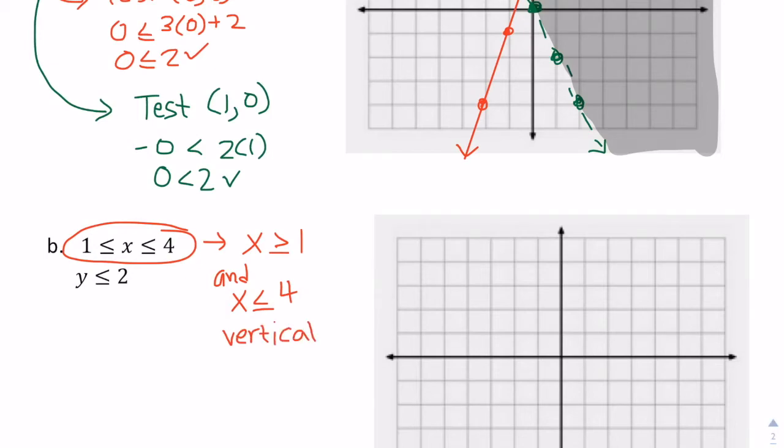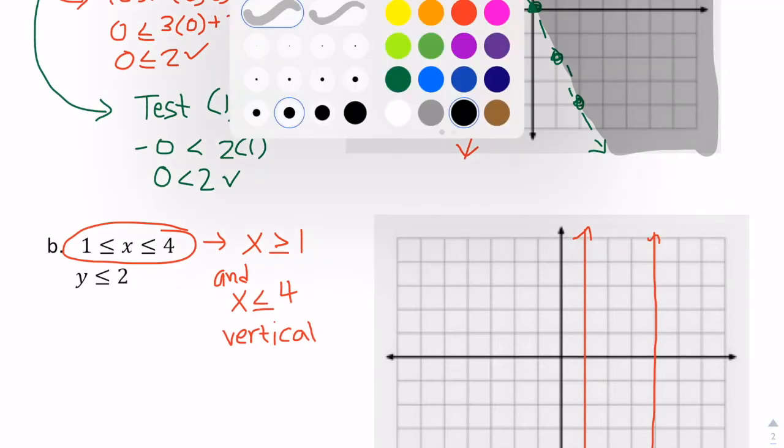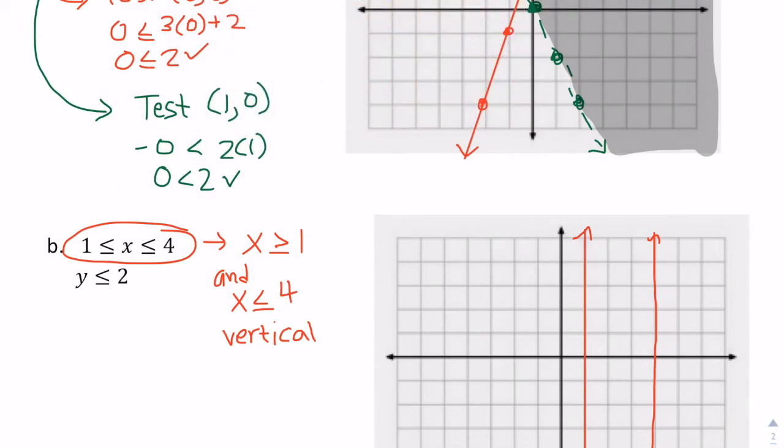So if you draw in the two vertical lines through the x values of 1 and 4, this inequality consists of the points with x values between 1 and 4. So your solutions to that inequality are all those points with x values in between 1 and 4, between those two lines. Again, it's solid because these are or equal to's.